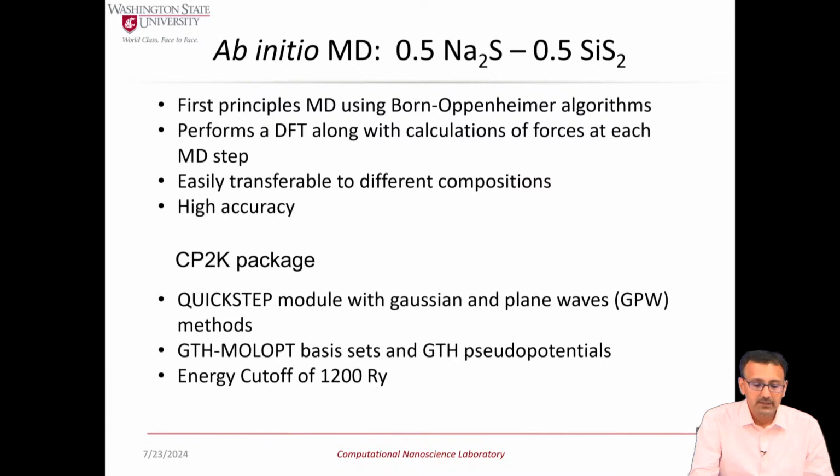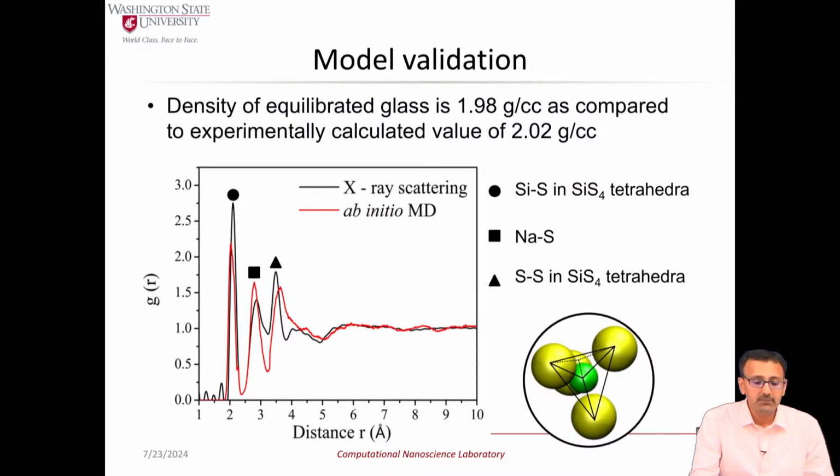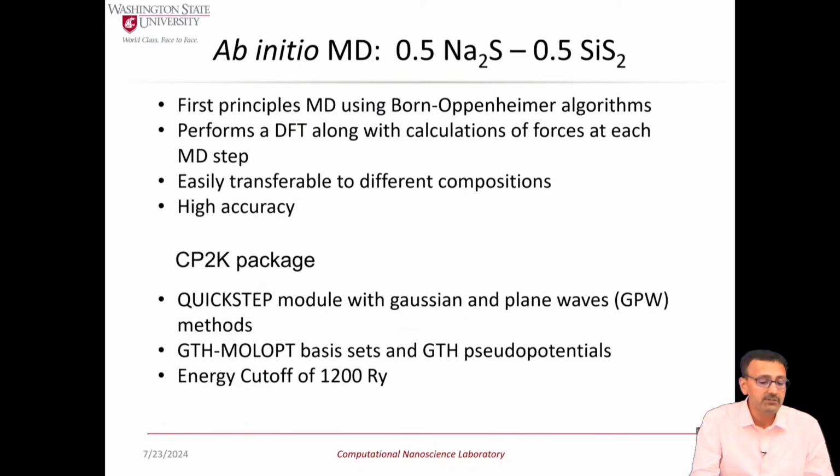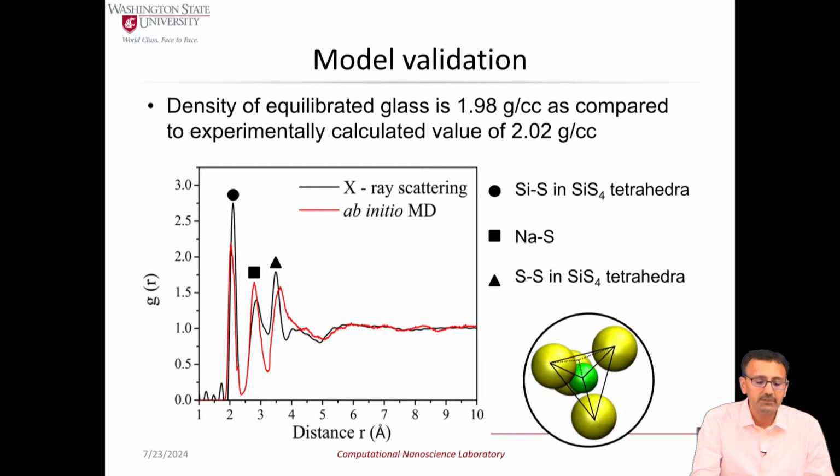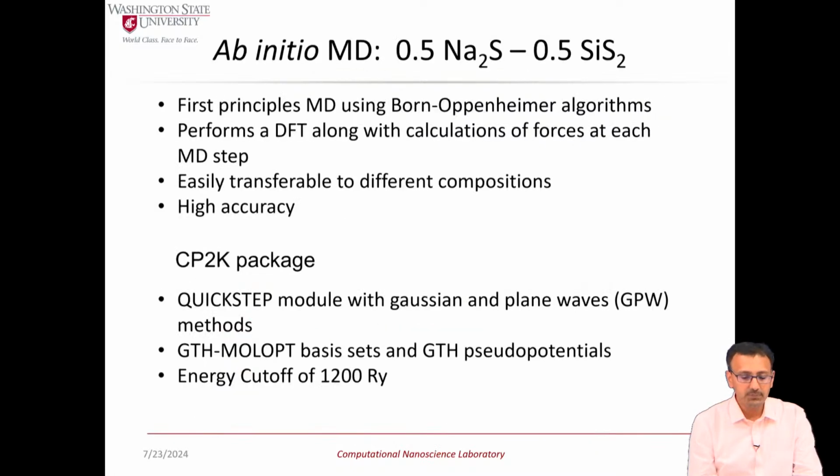Okay. So, I will skip the methodology details because I have not yet introduced ab initio MD. But what is very important in theoretical methods, and we always have to validate our calculations with respect to experimental measurements. In this case, we had some X-ray scattering data for these amorphous structures, namely 50% sodium sulfide and a mixture of 50% silicon sulfide glasses.